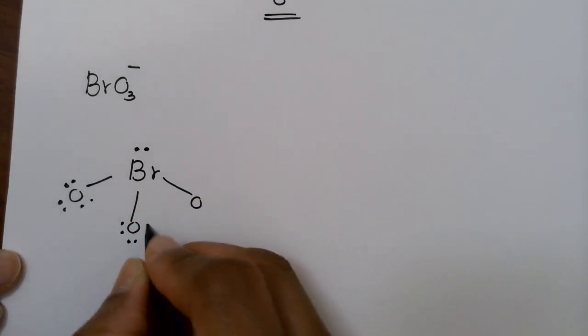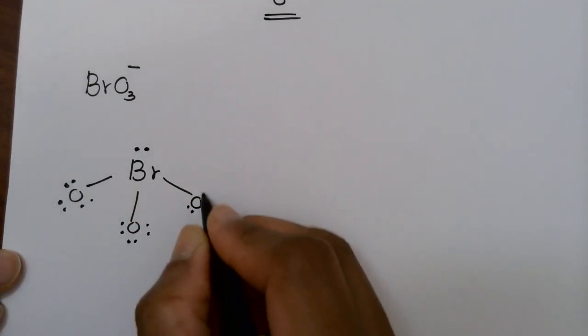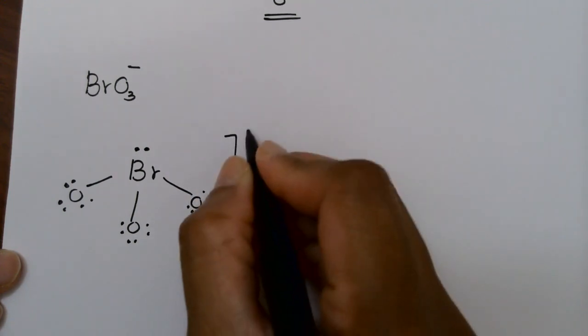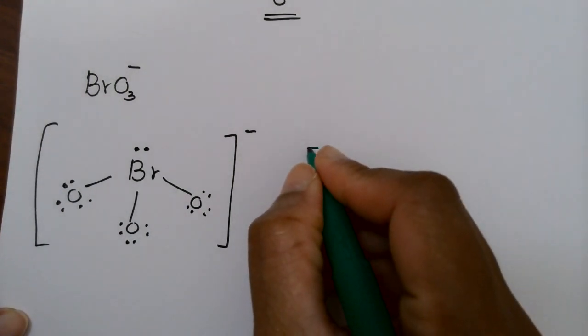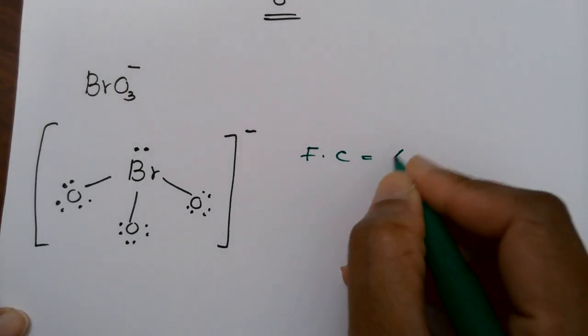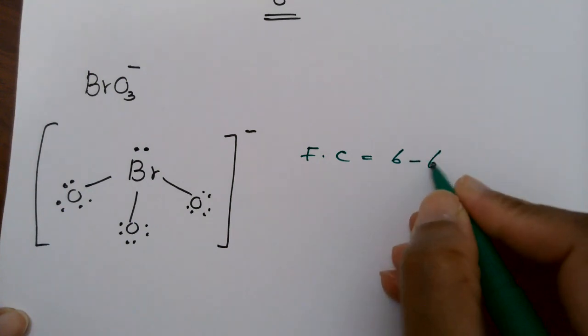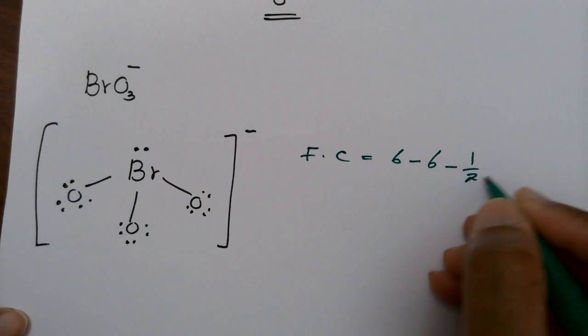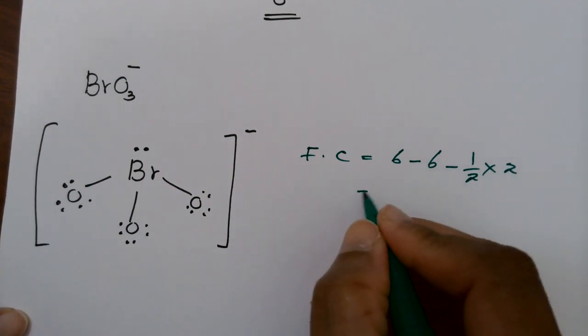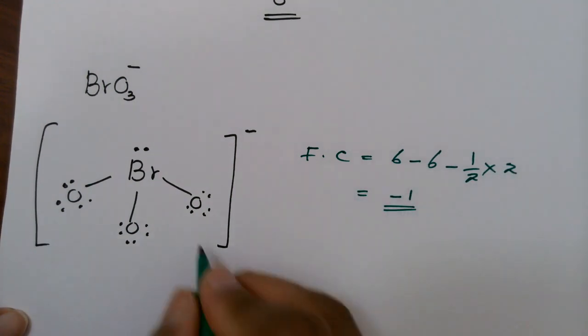So on each oxygen there are 3 lone pairs, and the charge is 1 minus. So all 3 oxygens are the same. Let's calculate the formal charge on one of the oxygens. 6 valence electrons minus 6 lone pair electrons minus half times bonding electrons. So the charge is 1 minus on each oxygen.